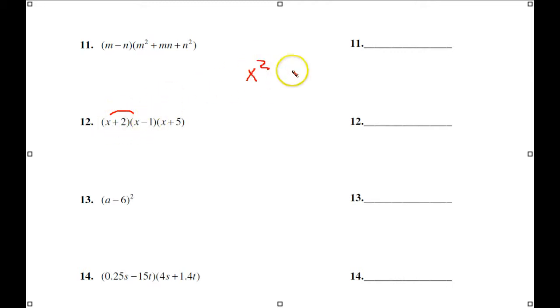Now my outers, I'm going to put here as a negative x. That's my outers. My inners a 2x, positive 2x. When I do this addition or subtraction, I'm left with a positive x.